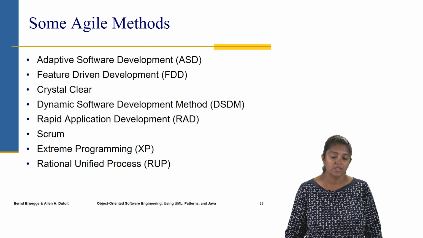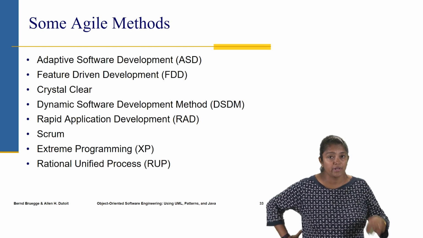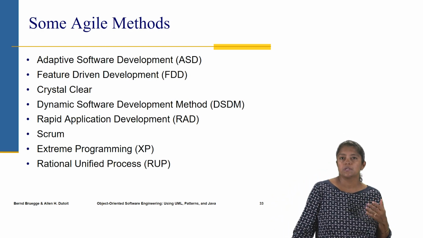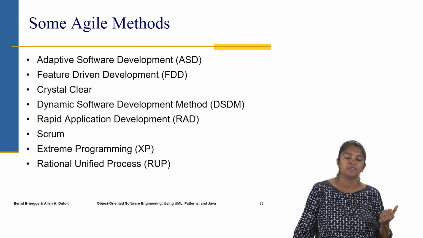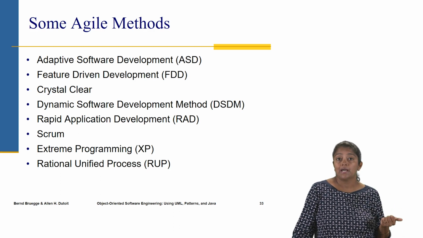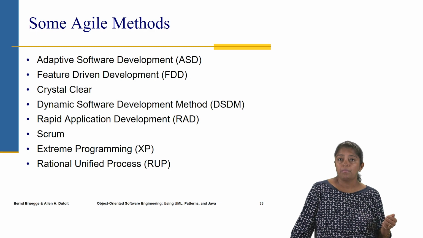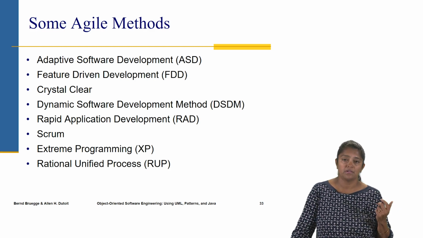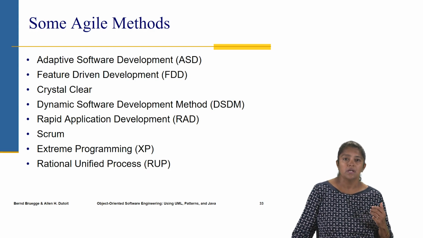Some of the popular ones are adaptive software development, feature-driven software development, where the focus is on defining the features and building the features, crystal clear, dynamic software development, rapid application development, Scrum, extreme programming, and rational unified process.